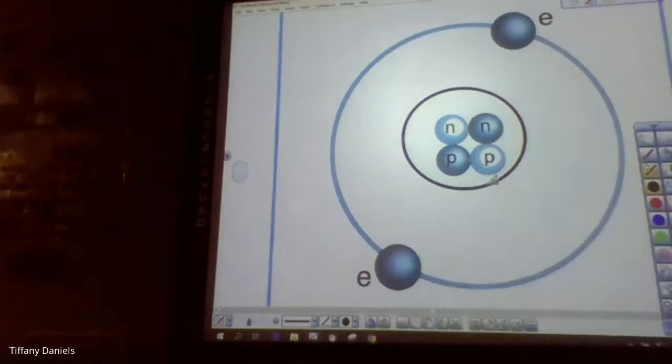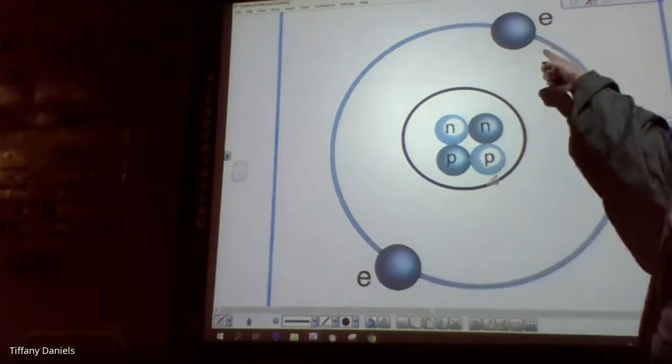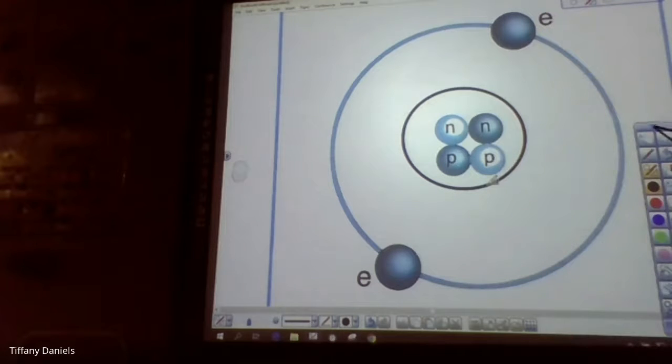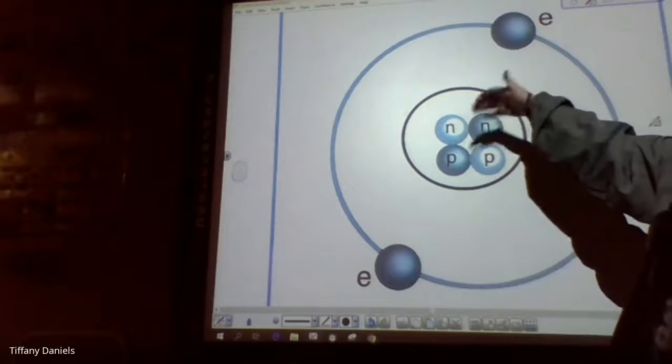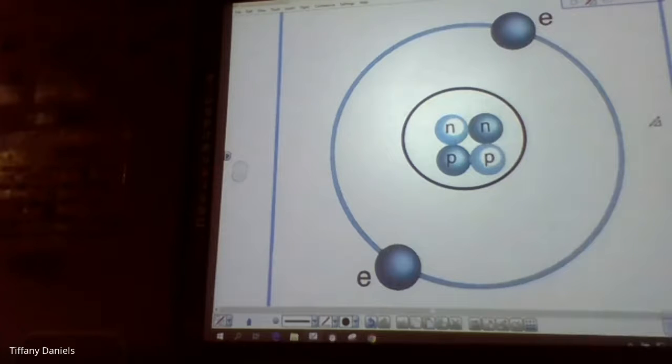There we go, for the nucleus. Inside the nucleus, you have neutrons and protons. Outside the nucleus, you have electrons. And the electrons can never enter into the nucleus.